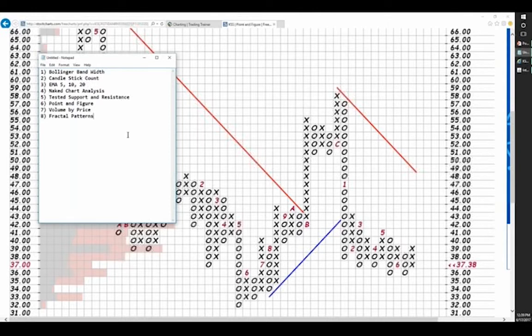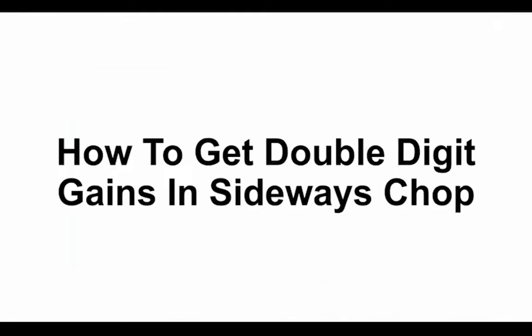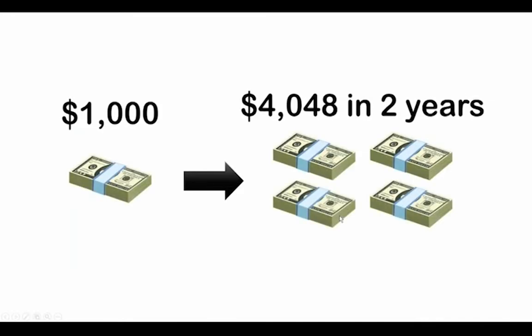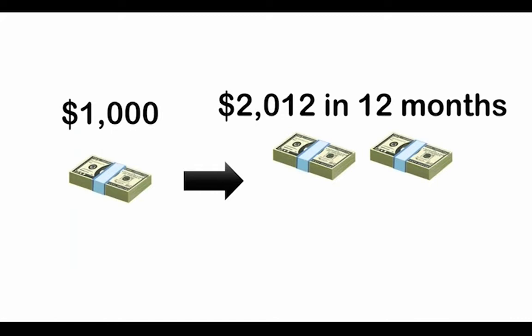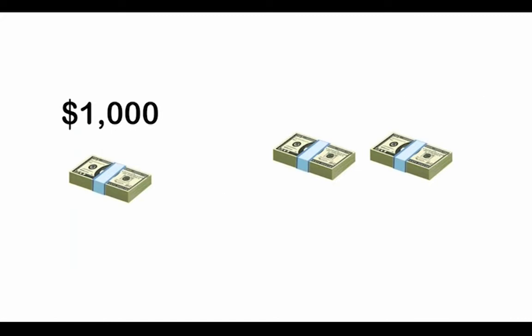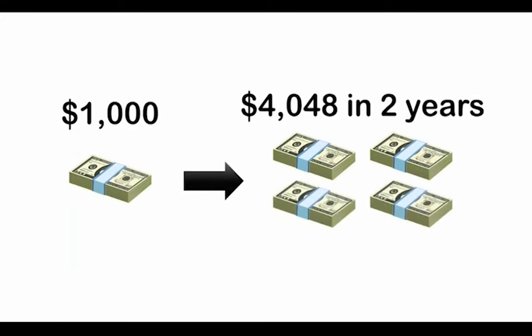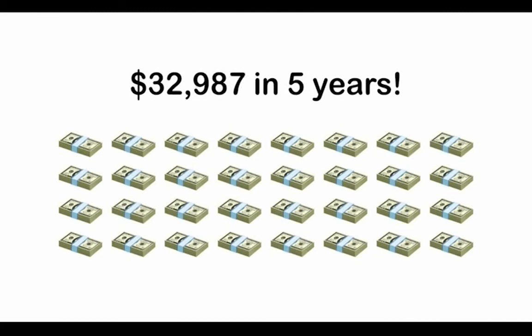If you start with $1,000, let me just pull this up really quick. That's going to be $2,012 in 12 months, $4,048 in 2 years. In fact, in 5 years, I mean, you're talking about some nice moolah that you can be doing part-time while you still do whatever you do.